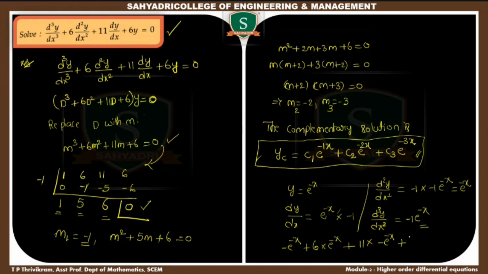Plus 6 into y, and 6 into y value is e power minus x. Total how much you'll get? If you take e power minus x common, in the first term it is minus 1, second term plus 6, in the third term minus 11, and in the last term you'll get plus 6.